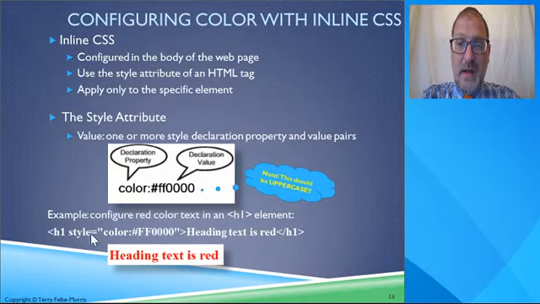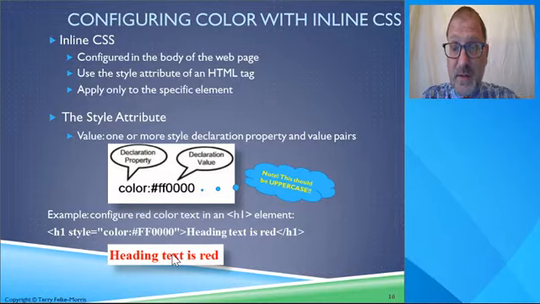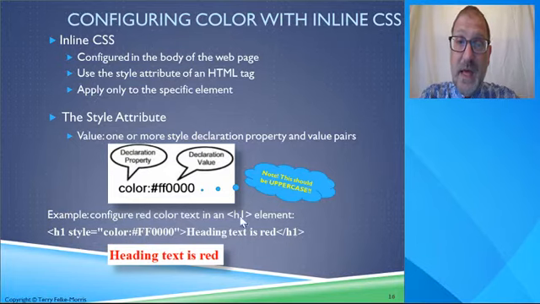If I just use the style attribute, so style equals quote, and notice there's no spaces here, we can put right in line to the web page that this heading 1 will be red. Now the next heading 1 won't necessarily be red because this only applies to this area right here within this element, and this is the way of doing it inline.